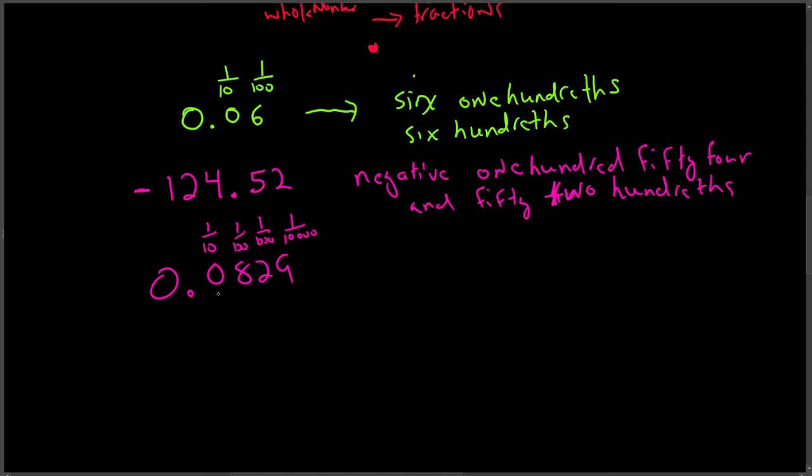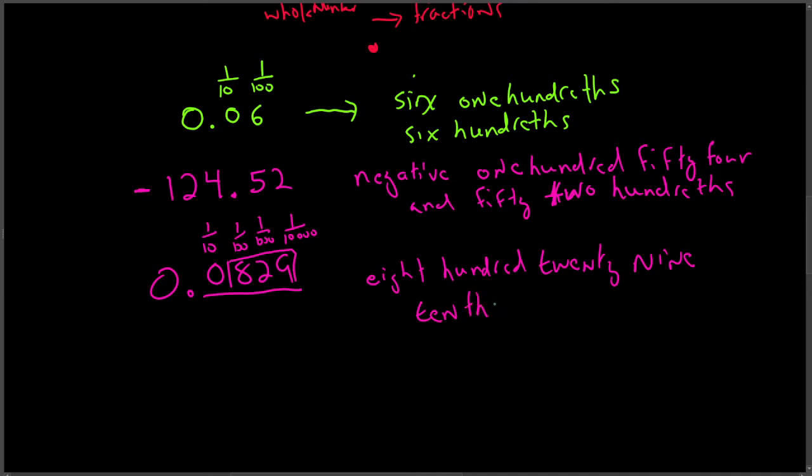And so we look at the number here and we read it as 829 10,000ths. And so this notation lets us do very specific fractions.